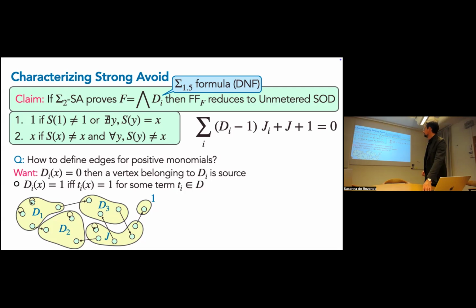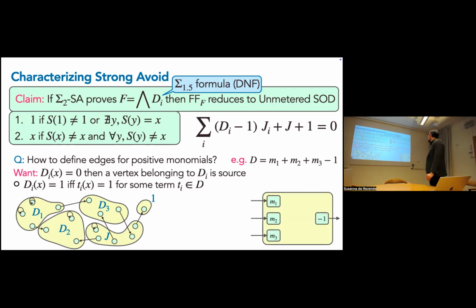Conversely, if the DNF is true, then at least one of its terms is true. So if we have a DNF with 3 monomials, we have a picture like this. The DNF is encoded as M1 plus M2 plus M3 minus 1. So M1, M2, M3 are the terms of the DNF.